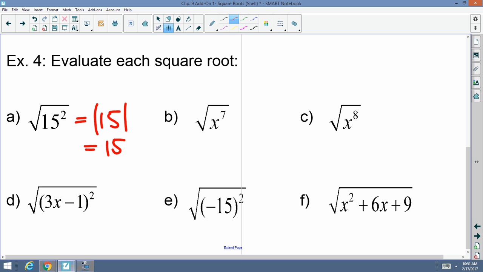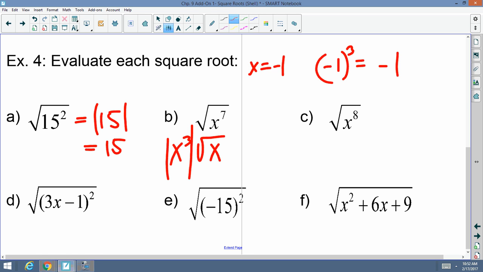I'm taking out 3 sets of 2 x's because every 2 x's comes out as 1, correct? So I'm taking out 3 sets of 2 x's and I have a square root of 1 x left, but this has to be an absolute value, because I took an odd out of an even. Why does it matter? Well, if x equaled -1, guys, what's negative 1 to the third power?